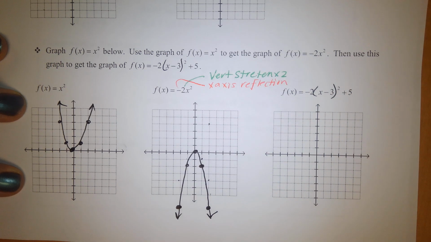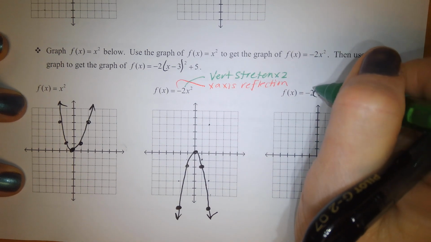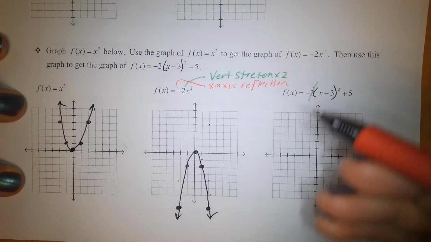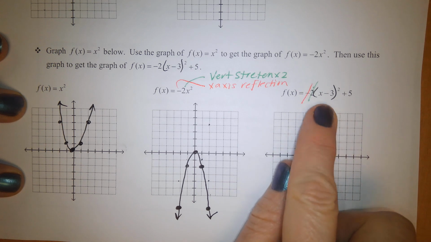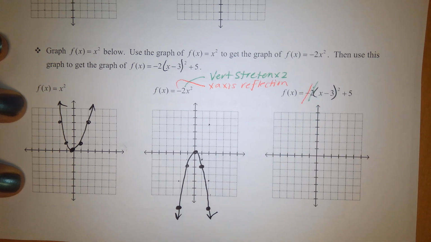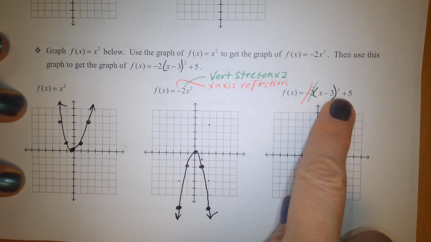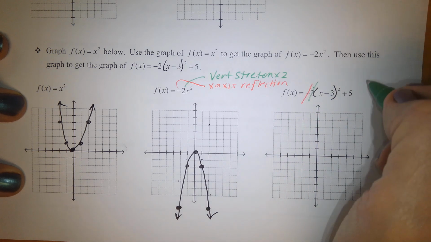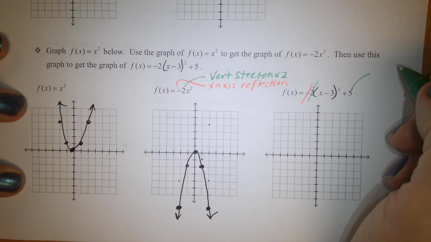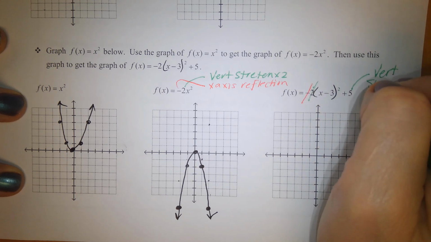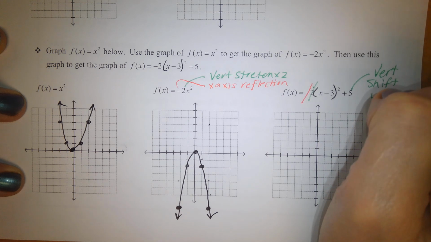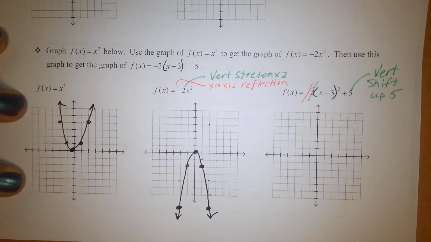So I've already done the vertical stretch. I've already done the reflection. Now I need to do the shifts that are over here. These shifts are going to take this graph and then I'm going to shift it. The add 5 is a vertical shift up 5 units.